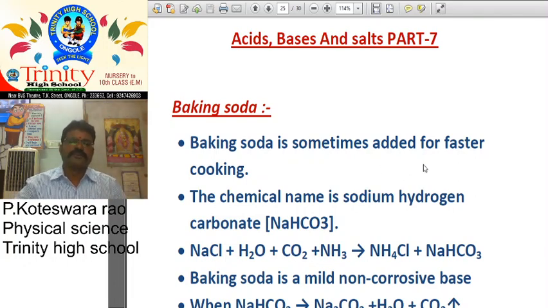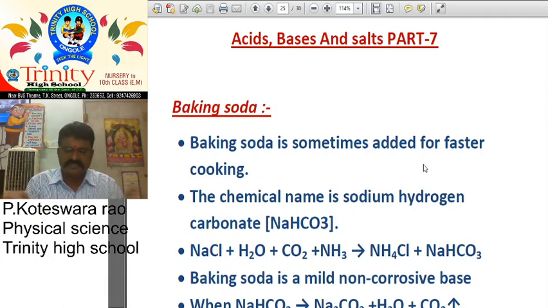For example, in your house, your mother is preparing pakodi, and also we can observe the pakodi taken from the bazaar. Which one is very brownish color? The pakodi from the bazaar is brownish. But the pakodi prepared by our mother in our house is light yellow, not that brownish color.